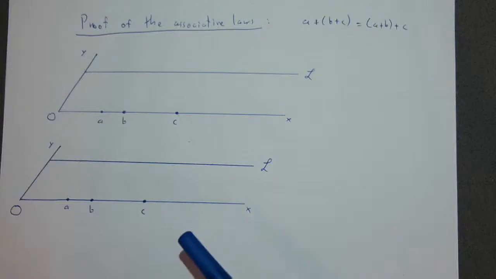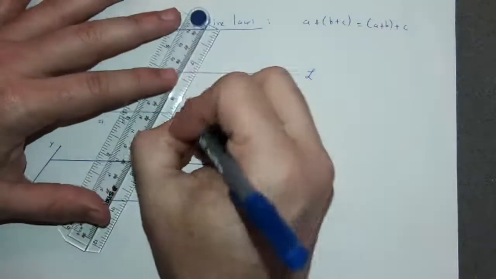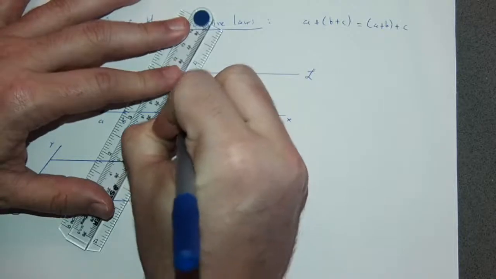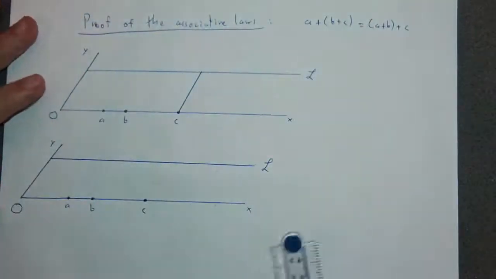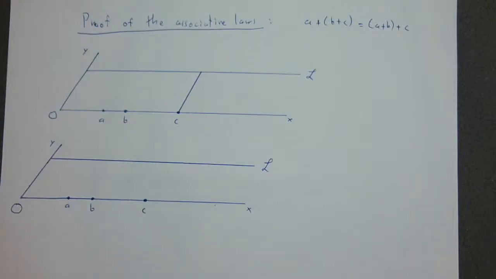Now if I'm going to do A plus B plus C, I need to construct B plus C first. So how does that go? I'm going to draw in my line parallel to C. So I'm constructing B plus C, not C plus B, although we know from the previous fact, the commutative property for addition, that I could actually do it in either direction, but I'm not going to do that.